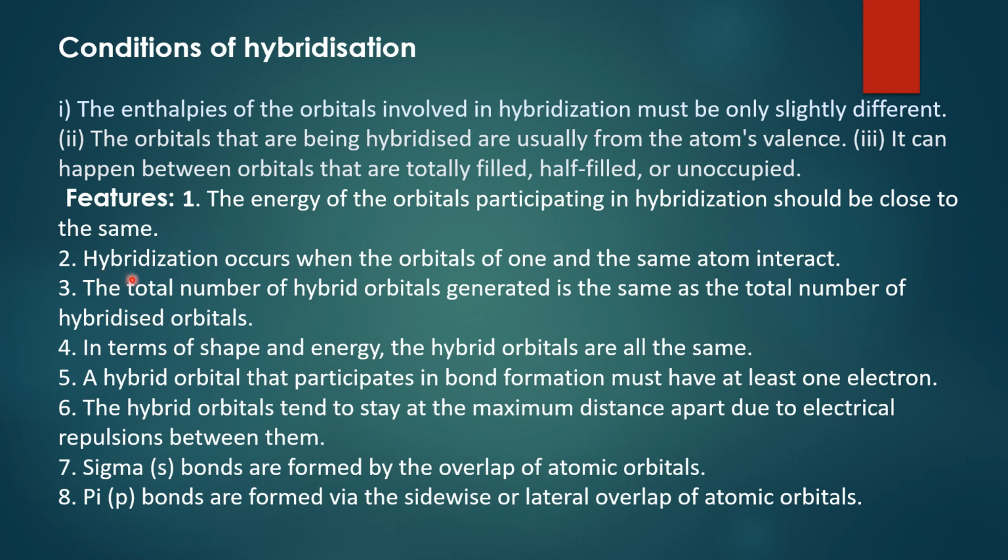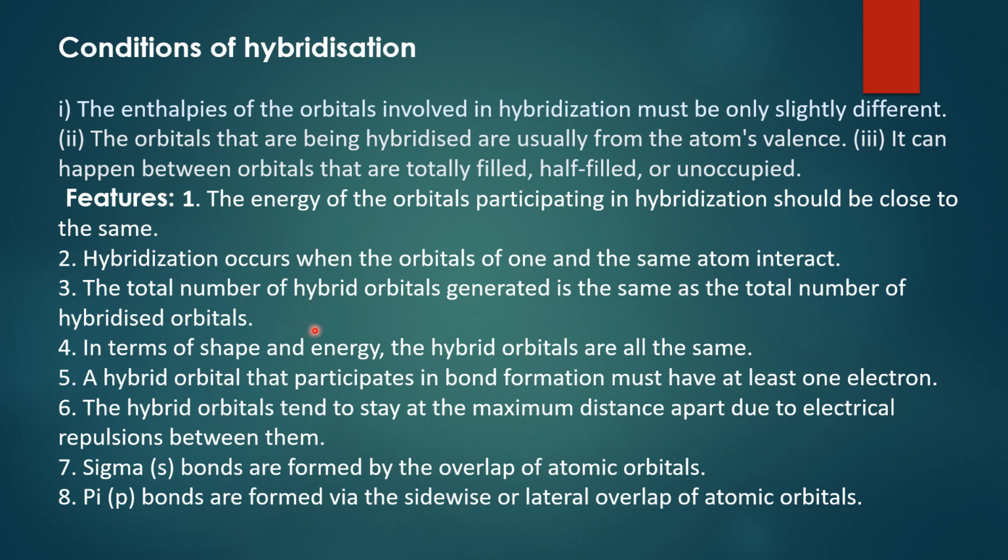Coming to the next point, in terms of shape and energy, the hybrid orbitals are all the same. A hybrid orbital that participates in bond formation must have at least one electron. The participating orbital should have at least one electron. Then only can we see the hybridization process.